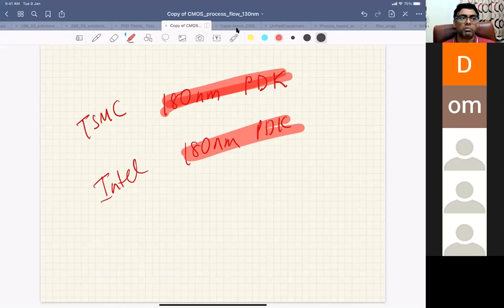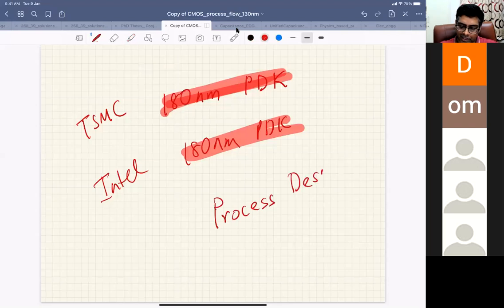If you want to know more about the technology, what is available, what is not available, then go and read the PDK. The PDK is nothing but a process design kit, right? This process design kit will give you all the information about that technology. And the PDKs of two different companies, even if the name is the same, might be different, right?